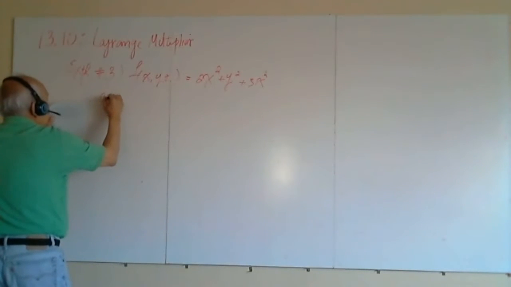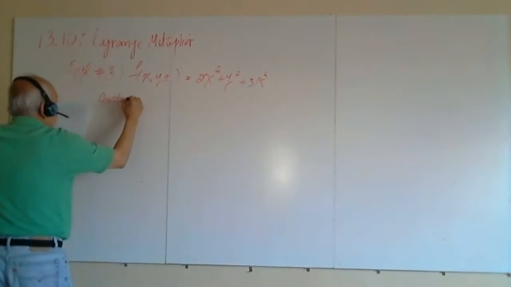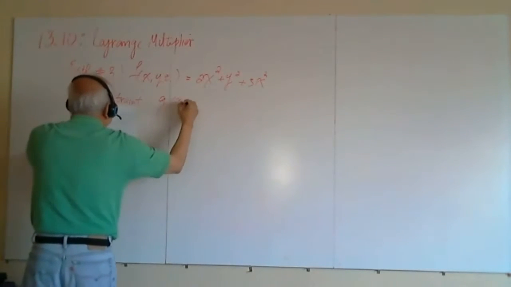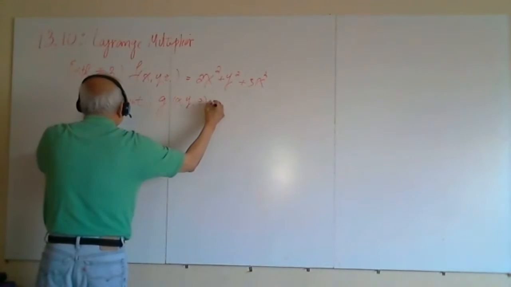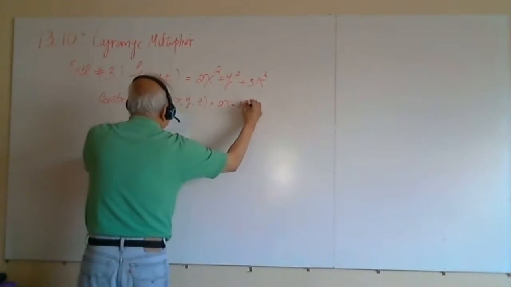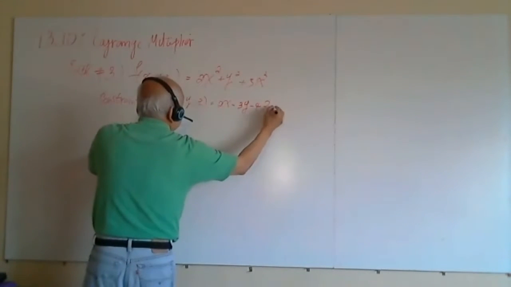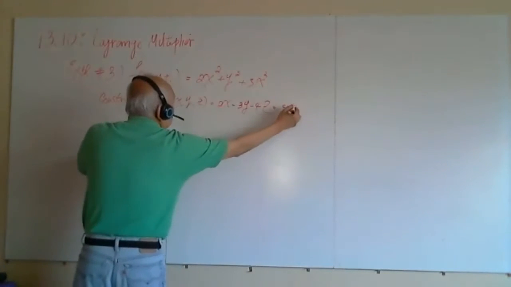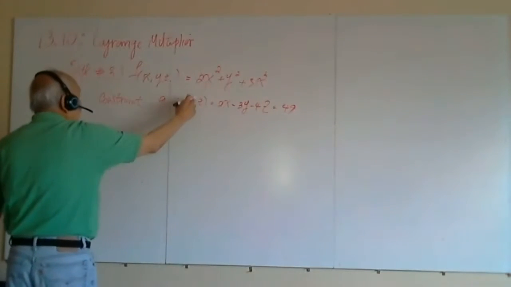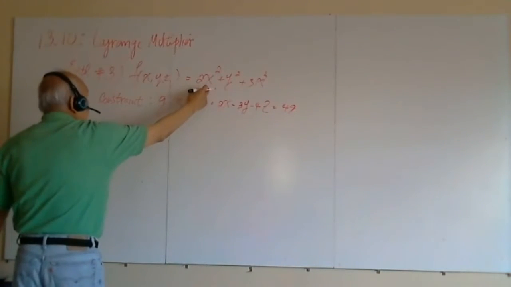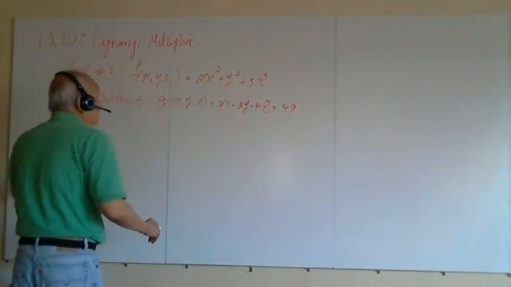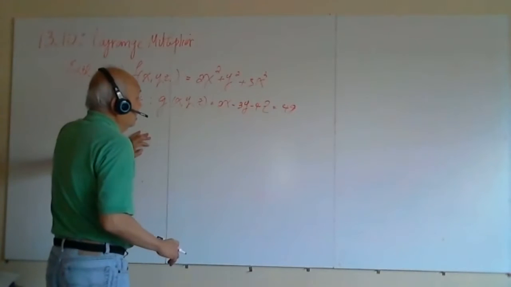The constraint here is g of x, y, z equal to 2x minus 3y minus 4z equal to 49. So this is the one that is expanding, and this one is the constraint. You are not supposed to go past this limit. We are going to do the same thing, just like the way we did last week.